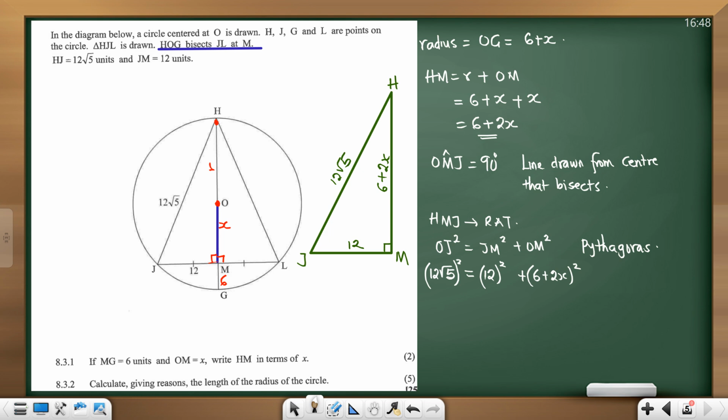Why is it taking us so long, right? It shouldn't take us so long. You're looking for the value of x, then we go and find our radius. Victoria says x is 9.